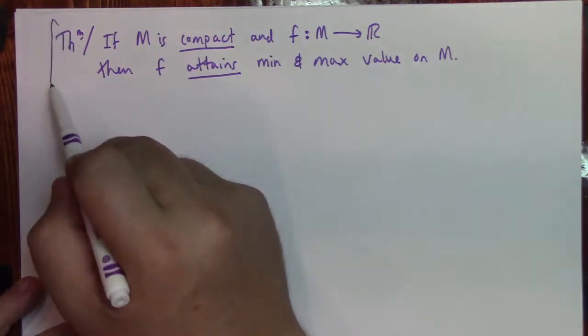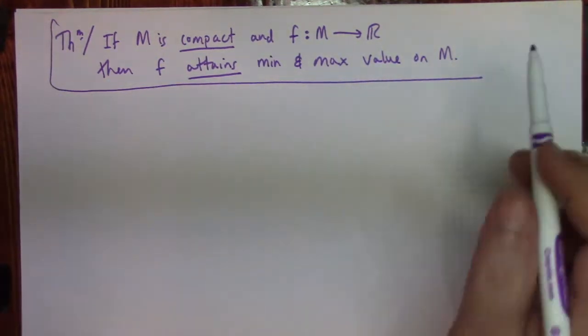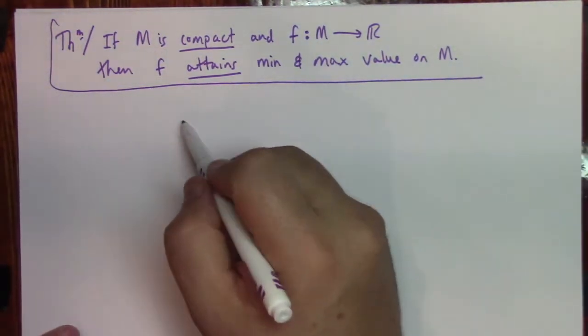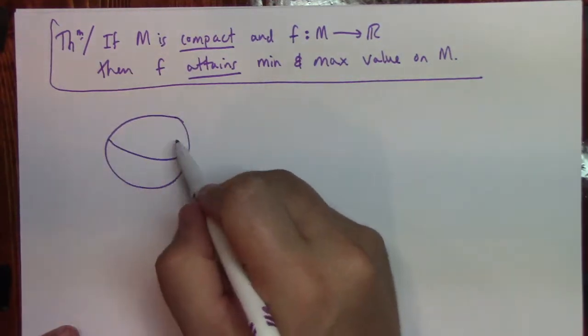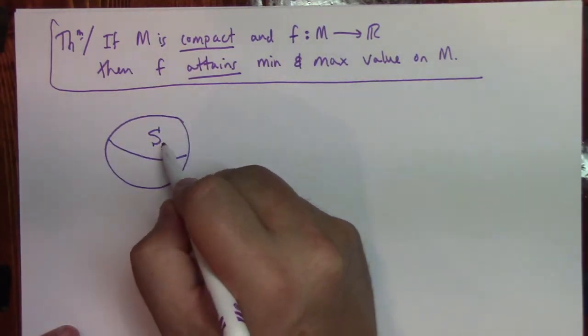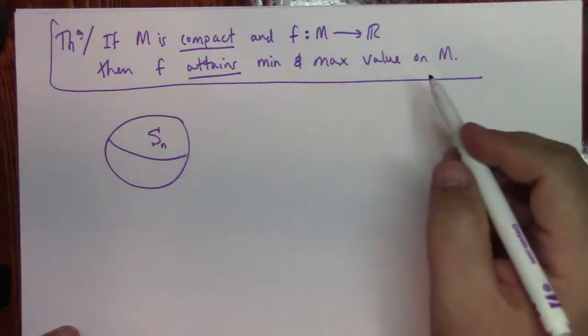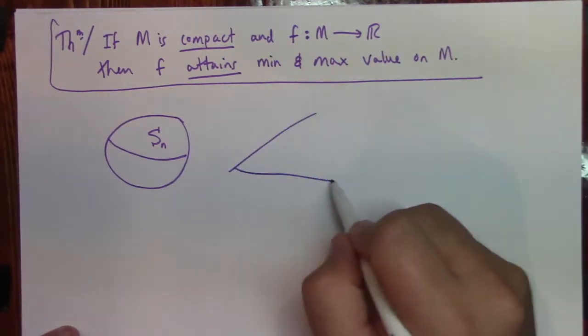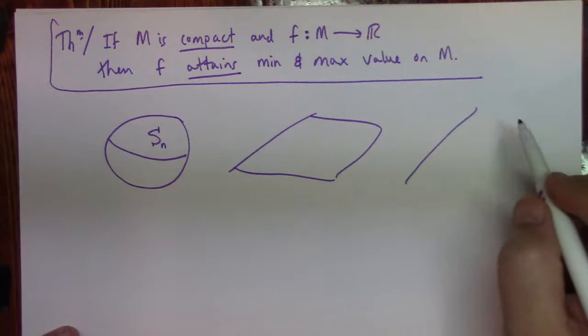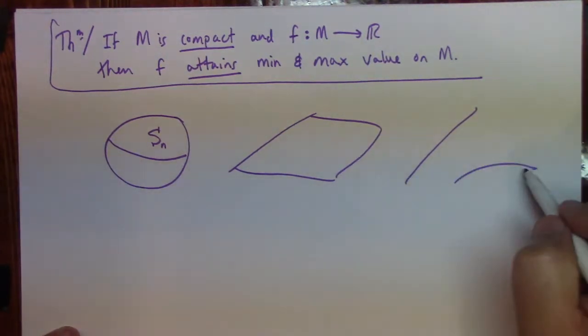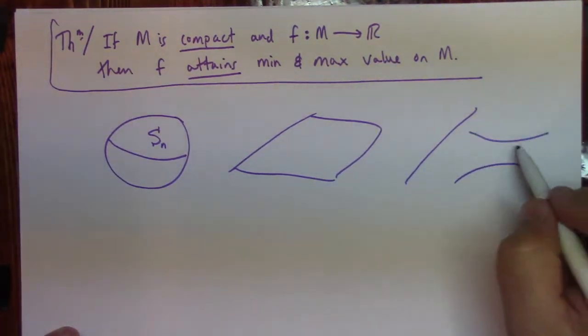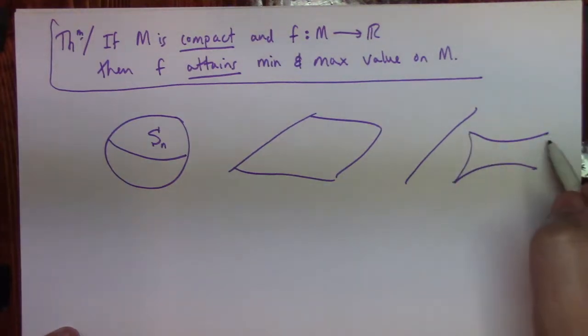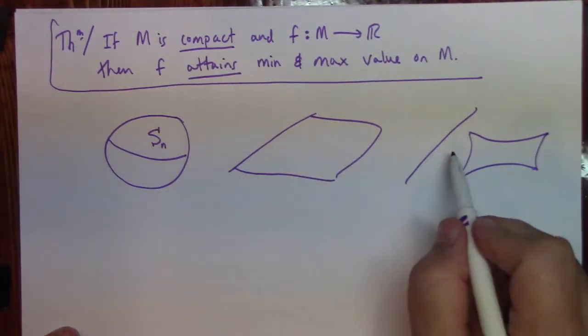So what does compact mean? Well, maybe the best thing I can do is give you an example. The sphere, S^n, the n-sphere, is compact. On the other hand, planes, lines, hyperboloids, if I can be so foolish as to try to draw them, are not compact, not compact, not compact.